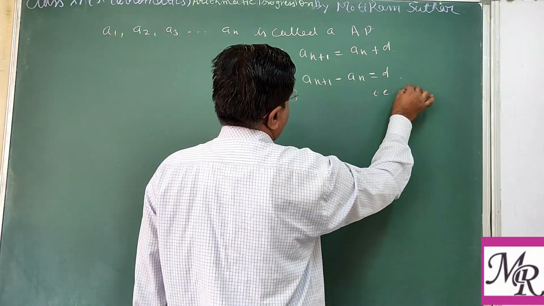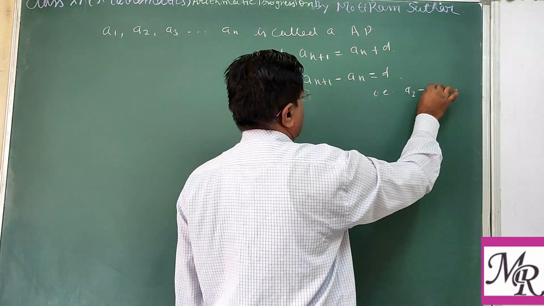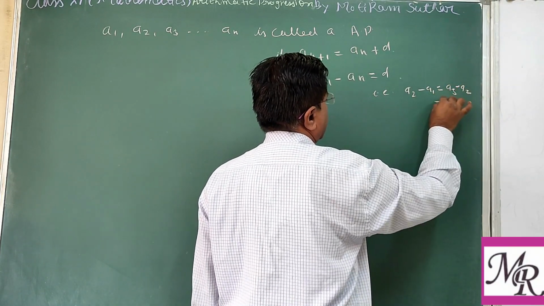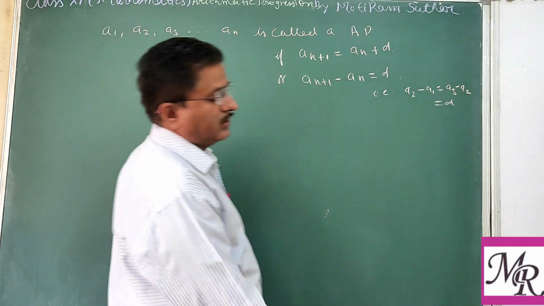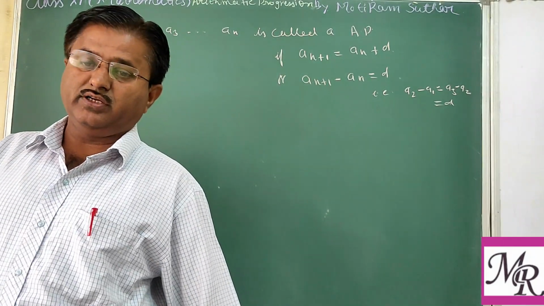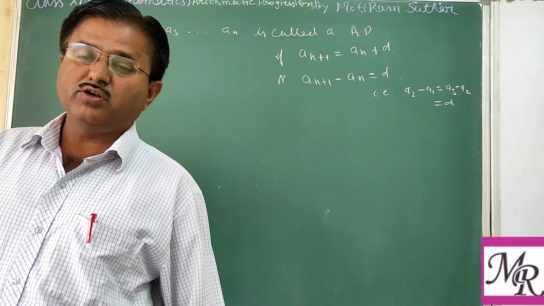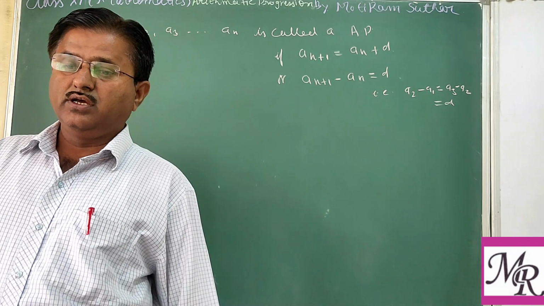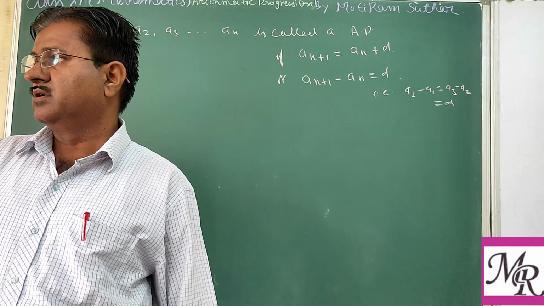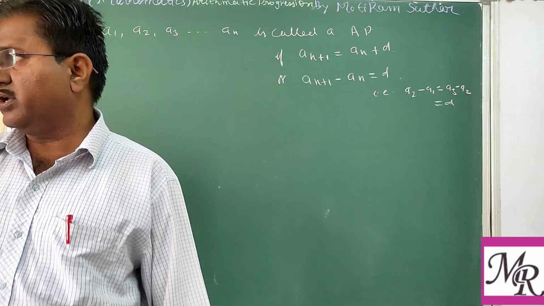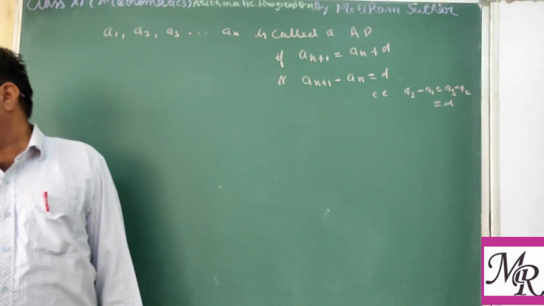Like second term minus first term, third term minus second term equals d. So any such sequence will show these properties. The difference between two consecutive terms in each case is constant. Such a sequence is known as an arithmetic sequence.